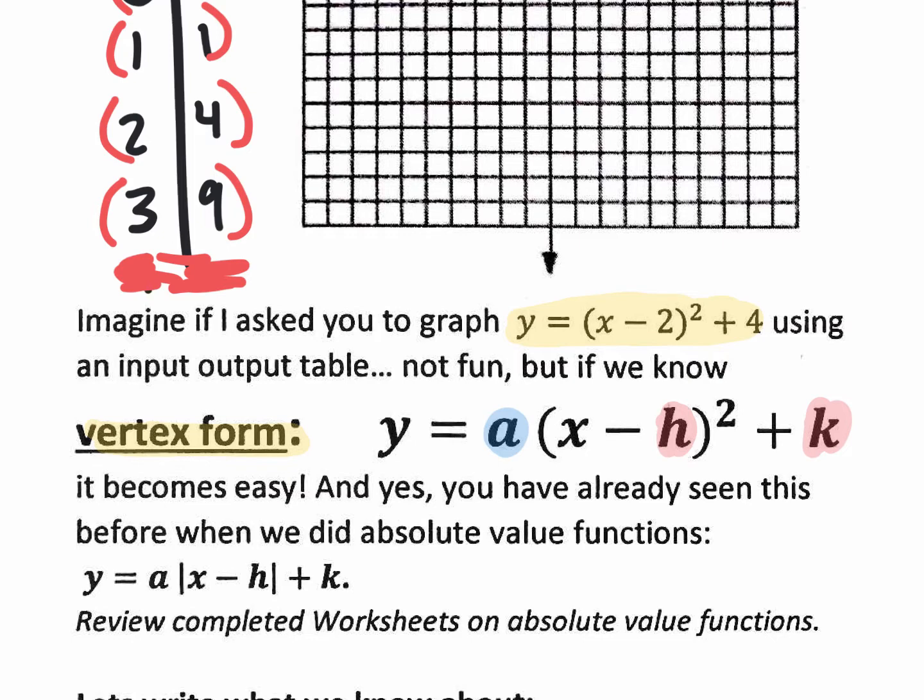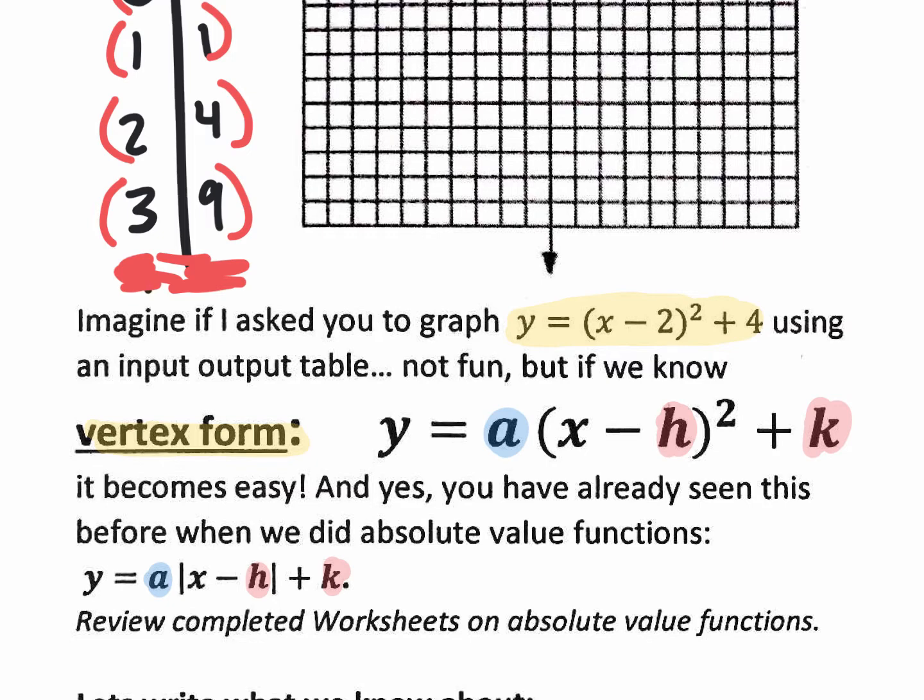And yeah, you're right. It also has the a out in front, and it also has the h right there, and you think opposite of h whenever you look at it, and the k value is also right there. So the vertex form of today, parabolas, is very, very similar, almost identical to the absolute value function form that we learned a couple days ago. Everybody good so far? All right.